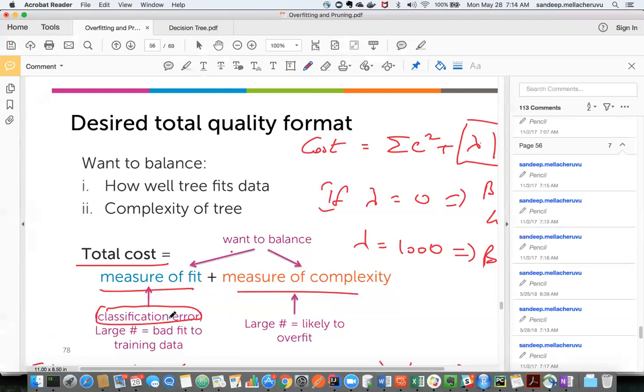The error should be minimum, and your tree should also not be too complex, because otherwise it will not fit well on the test data. So minimize the complexity as well as minimize the error. If you do both of them together, then your cost of the tree will go down. So that's why we're defining another term called total cost, and the total cost is nothing but the measure of fit plus measure of complexity.